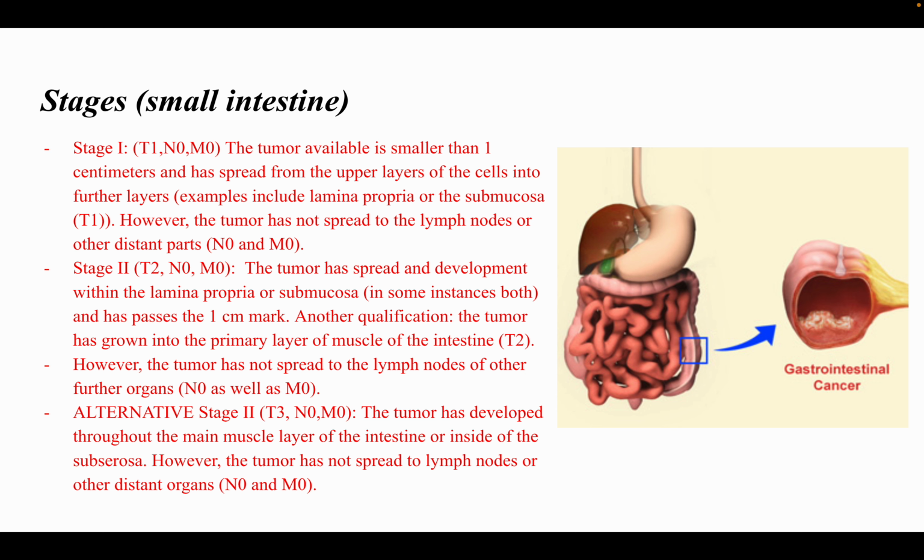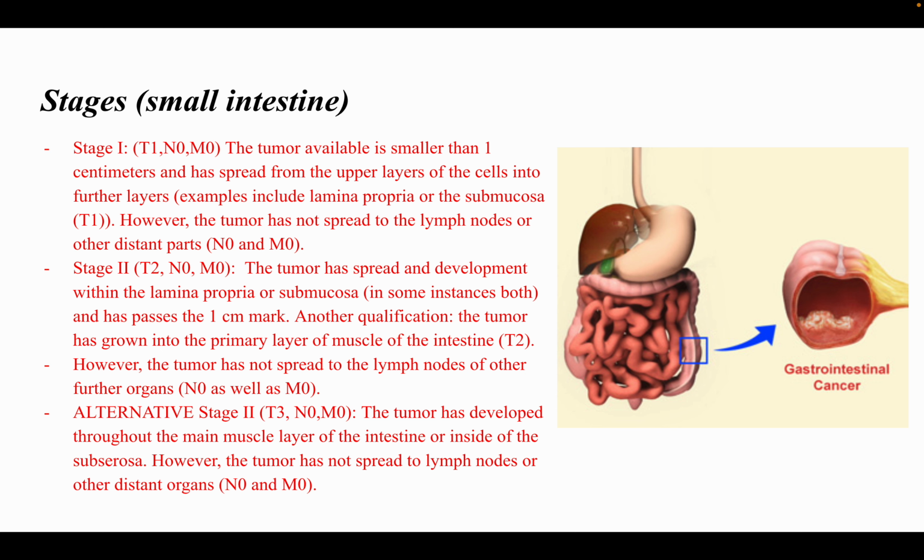Now, next up we have stage 2. In stage 2, the tumor has spread, and there is development within the lamina propria or the submucosa, and in some instances both, and has passed the 1 centimeter mark.